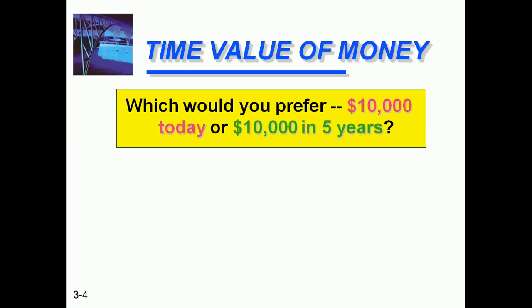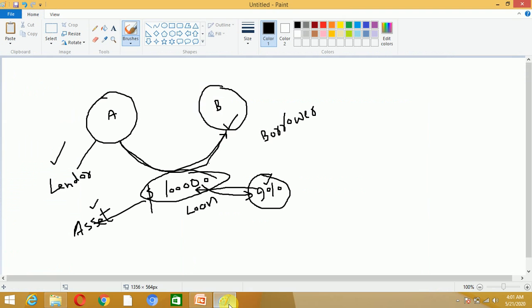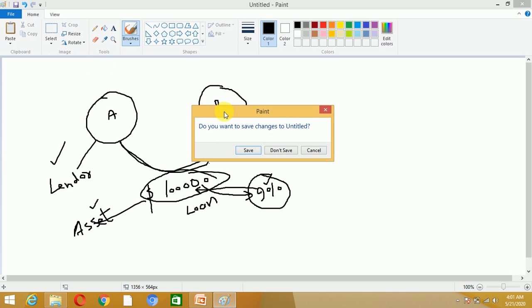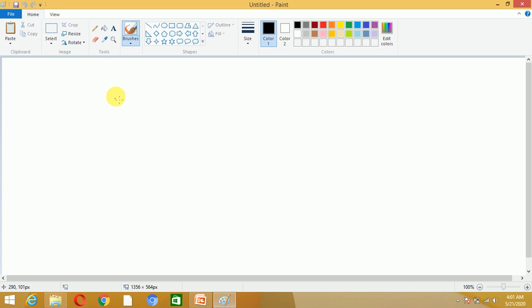Time value of money. Why is time important in our decision? Here's an example. Which would you prefer? $10,000 today or $10,000 in 5 years? Suppose a person gives you an option: option A, $10,000 today, right now.